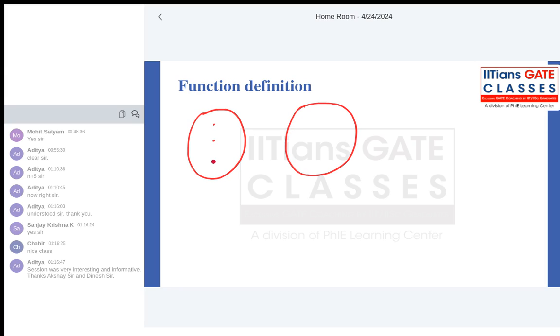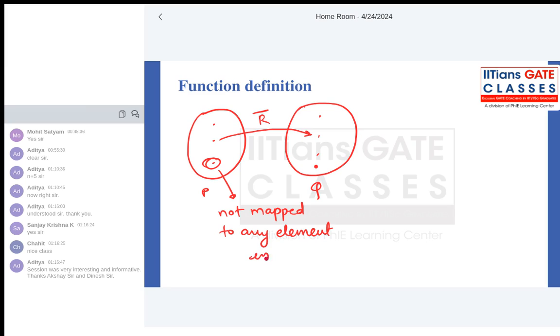Let's say there are 3 elements in set P and 4 elements in set Q. When you define a relation, let's say R bar, what happens is that one element in set P is not mapped to any element in set Q.